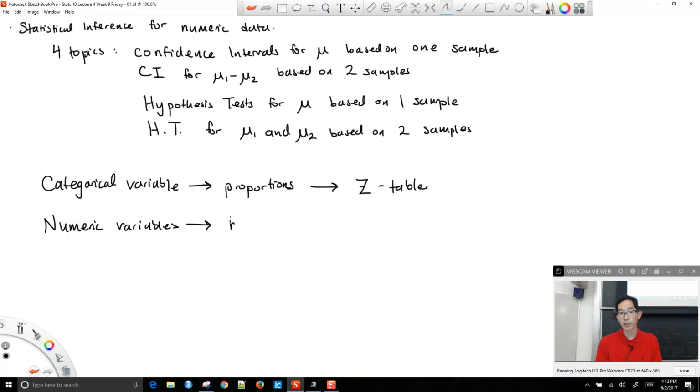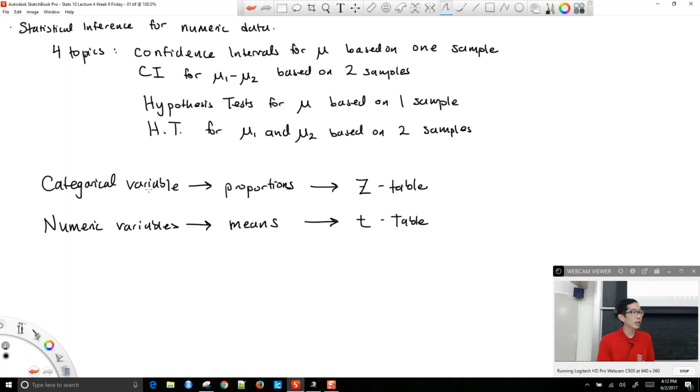With numeric variables, you are doing inference about means, and you will use the t-table, which is the table that we passed out today. So you have a z-table and you have a t-table. The t-table is for means, numeric variables. The z-table is for proportions, categorical variables.